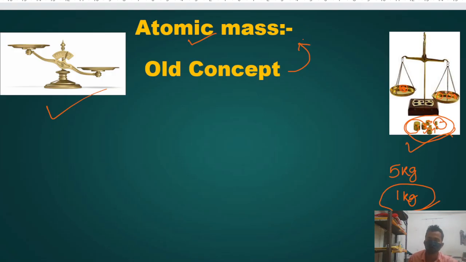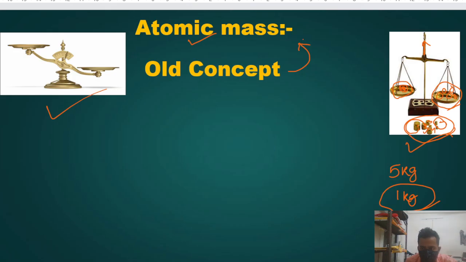One needle is there. When the stone's measurement and the potatoes' measurement are equal, the needle will be fixed in this straight position.